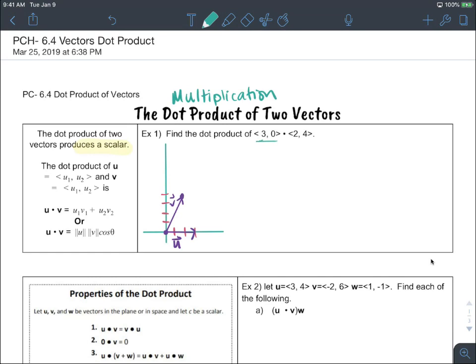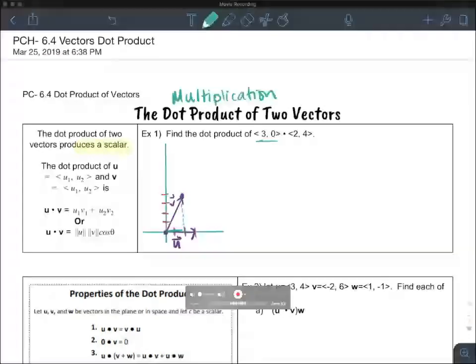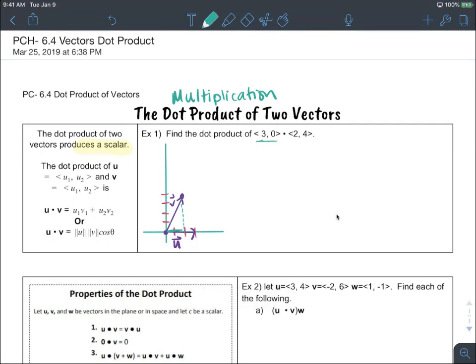What I want to figure out is, if I multiply u times v, how much extra energy do I get out of this? The problem is that v is not going in the same direction as u. So what I need to do is look at v's x component. I can see that v is going in the direction of u for 2 units. So I can say that my original 3 units are being multiplied by an additional 2 units.